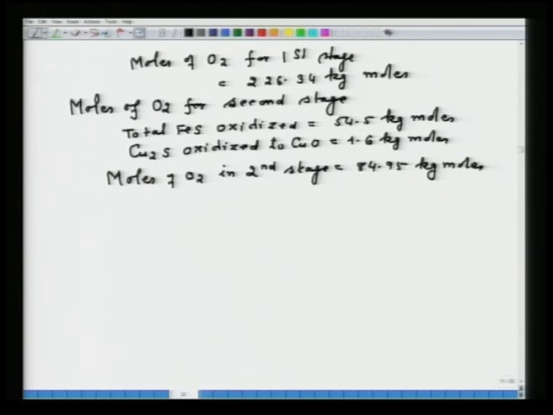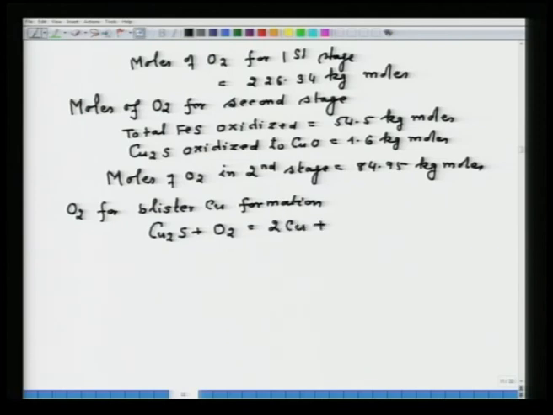The air for the entire operation consists of both the slag period as well as the blister copper stage. So, oxygen for the blister copper formation stage: the reaction is Cu2S + O2 → 2Cu + SO2.